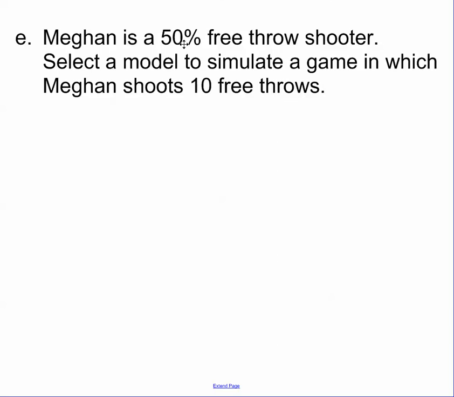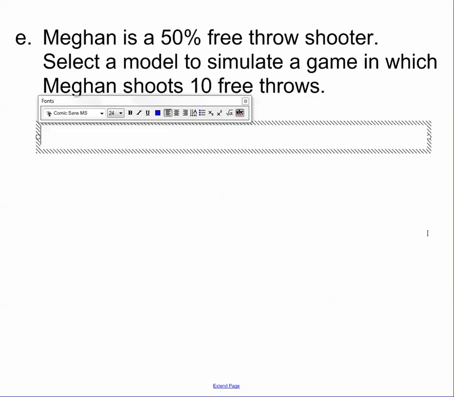So what else could we select that has a 50% chance of something happening? And hopefully you guys are looking at it and saying, well, obviously flipping a coin has got a 50% chance of coming up heads and 50% chance of coming up tails. So how about we just go with that?